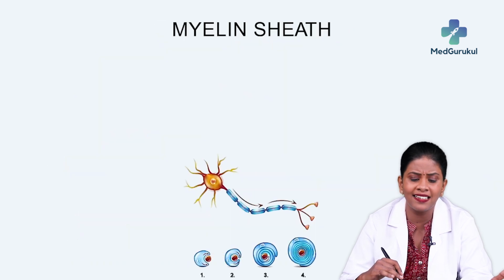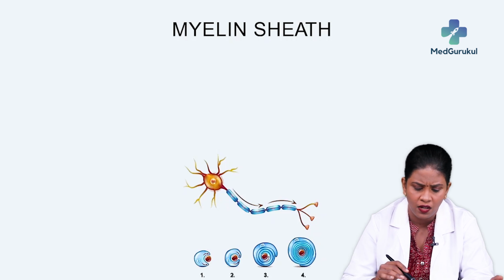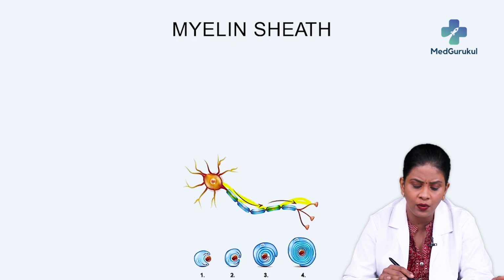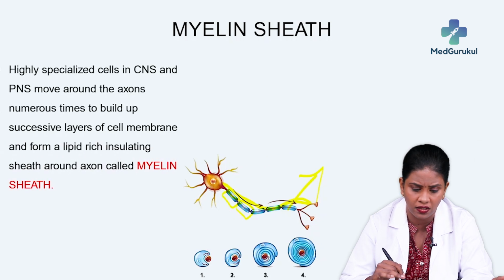Next, coming to the myelin sheath. This is the neuron, and this part is the axon. Surrounding the axon there is a sheath, the blue colored structure. This is the myelin sheath. What is this sheath?